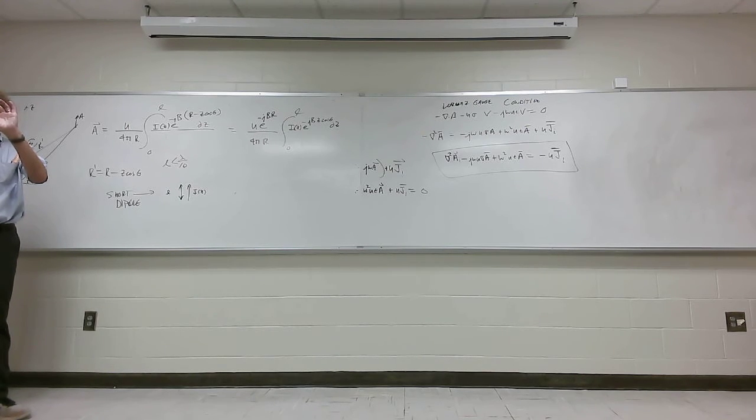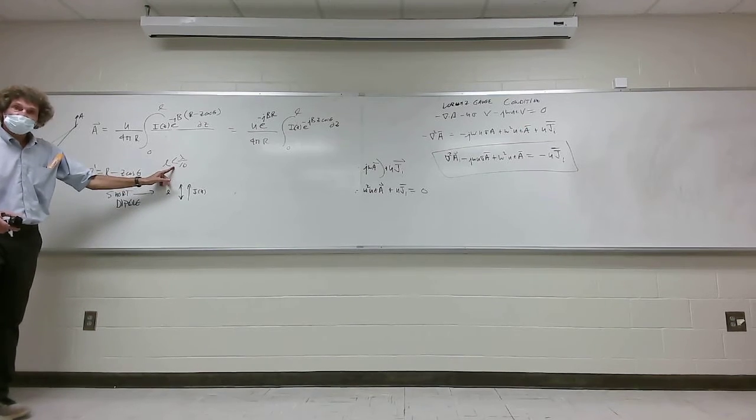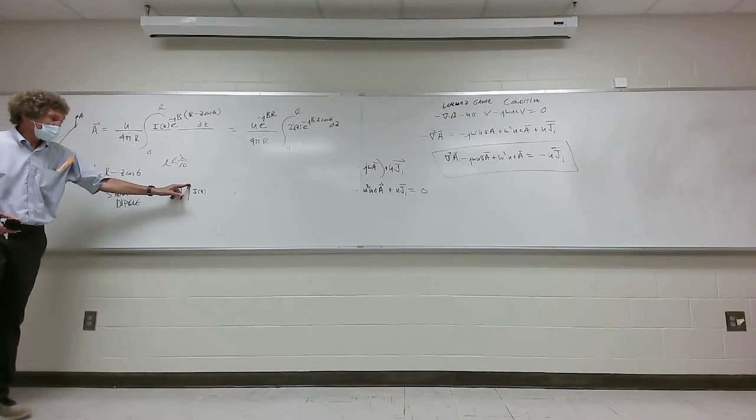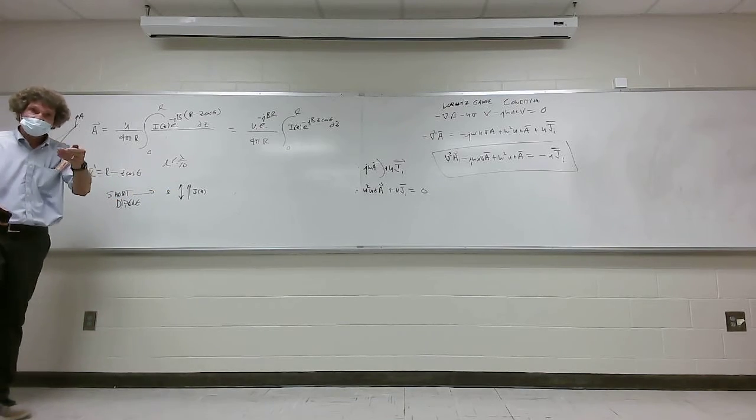Everybody? And if this little chunk of current is much less than a wavelength, then the phase or the value of I at this point is about the same as the value of I at this point. Y'all with me? In other words, it's a piece of current where nothing's changing. That is the inherent assumption.